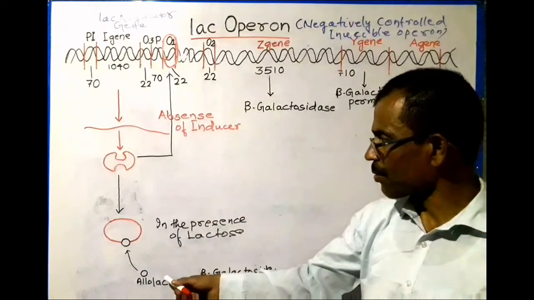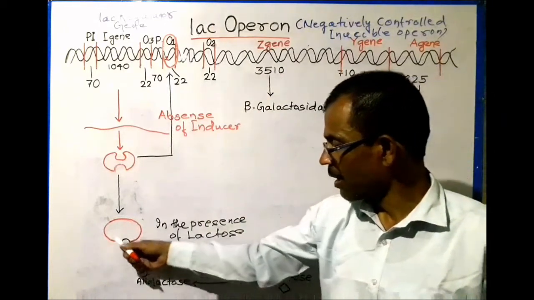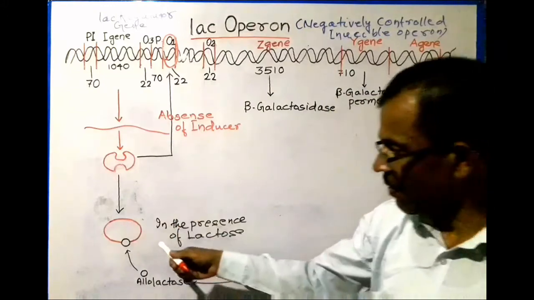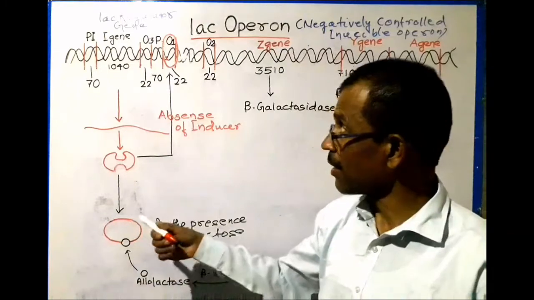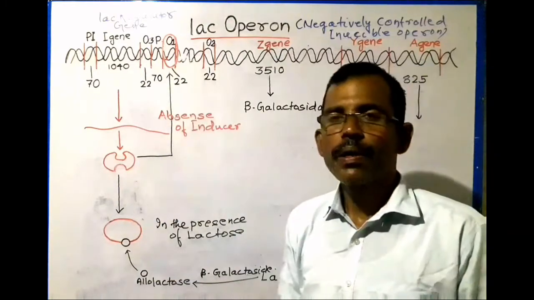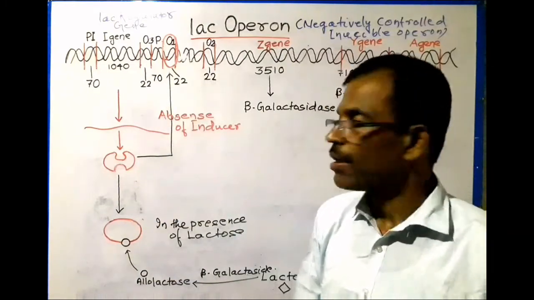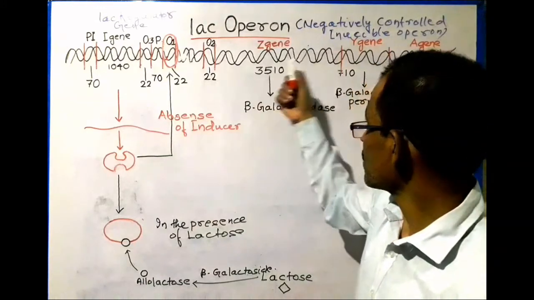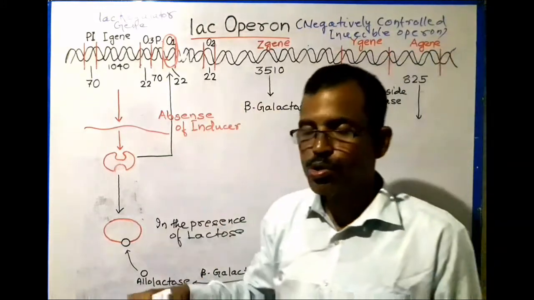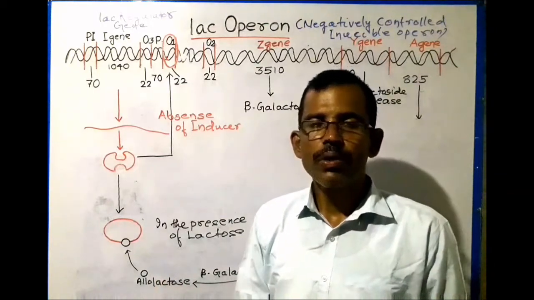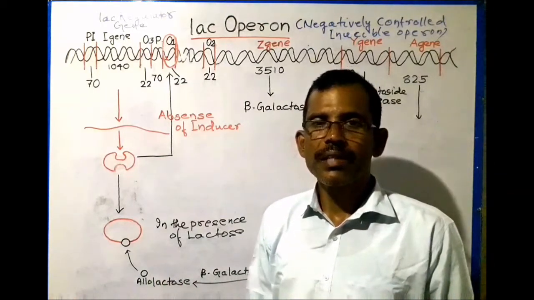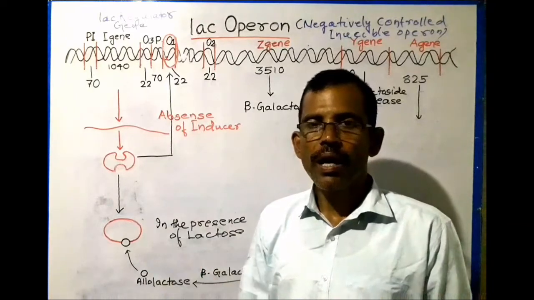The allolactose binds with the repressor and converts the repressor into an inactive form that cannot bind with the operator region. So, the transcription of these three structural genes proceeds as usual. This is the process as to how lactose acts as the inducer of the LAC operon.